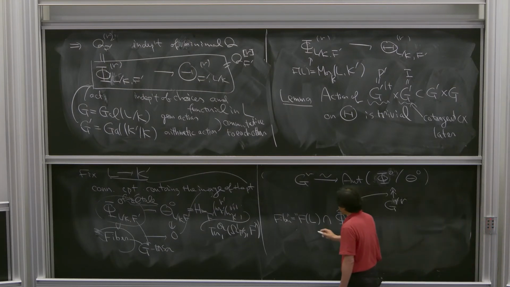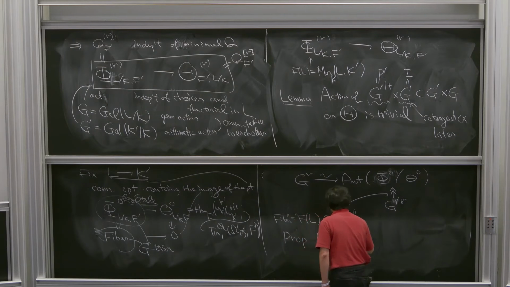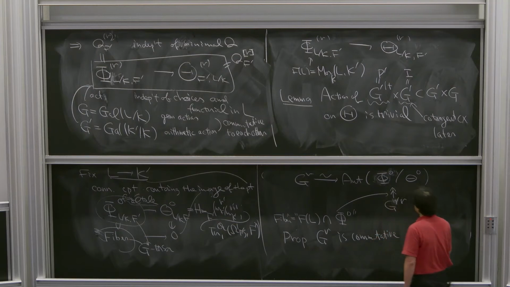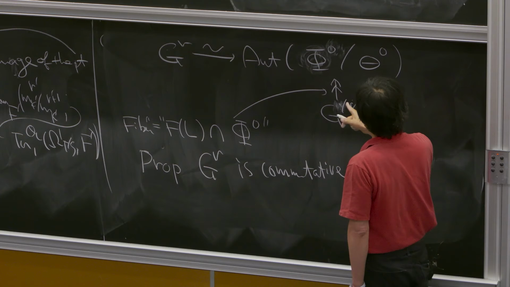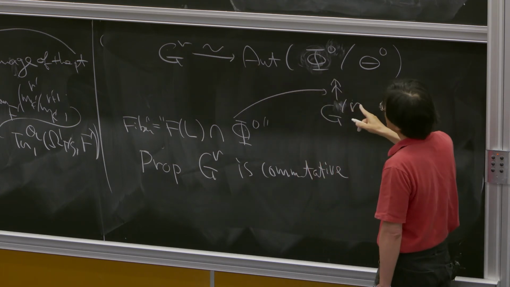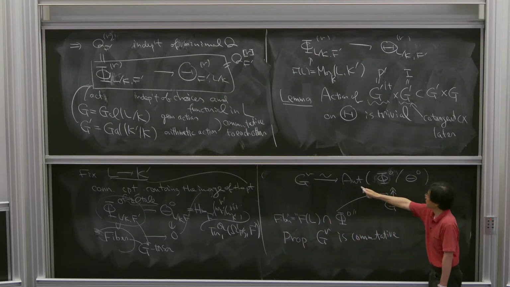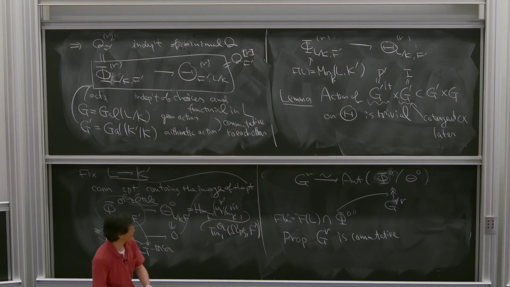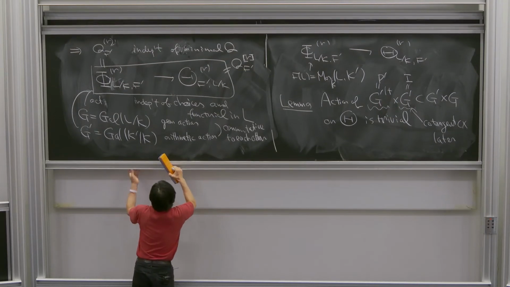And so this implies the first result. So proposition: G is commutative. So we have two actions of these two groups. And one is an isomorphism and one is a surjection. But we know that they are commutative to each other. So this must be abelian.